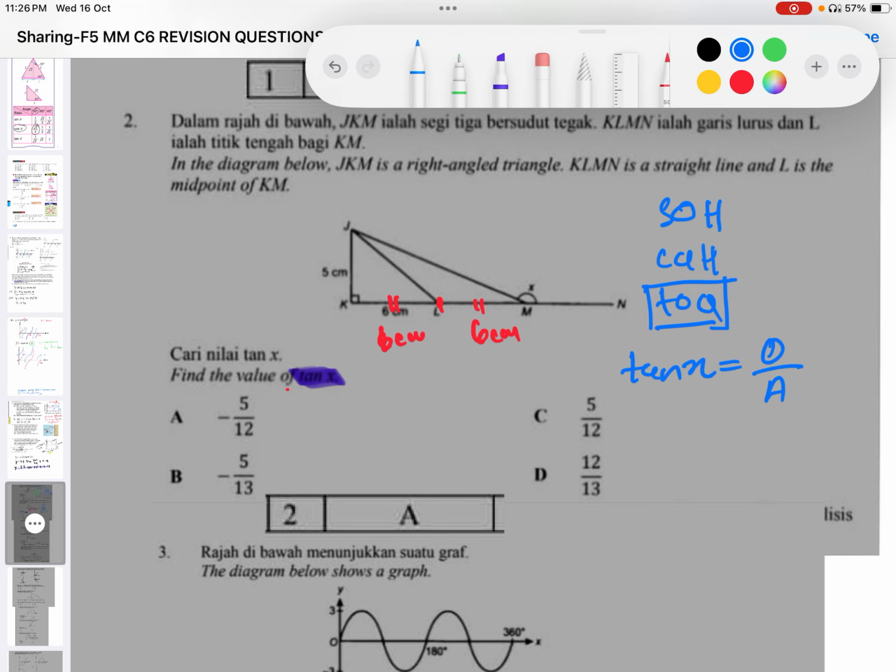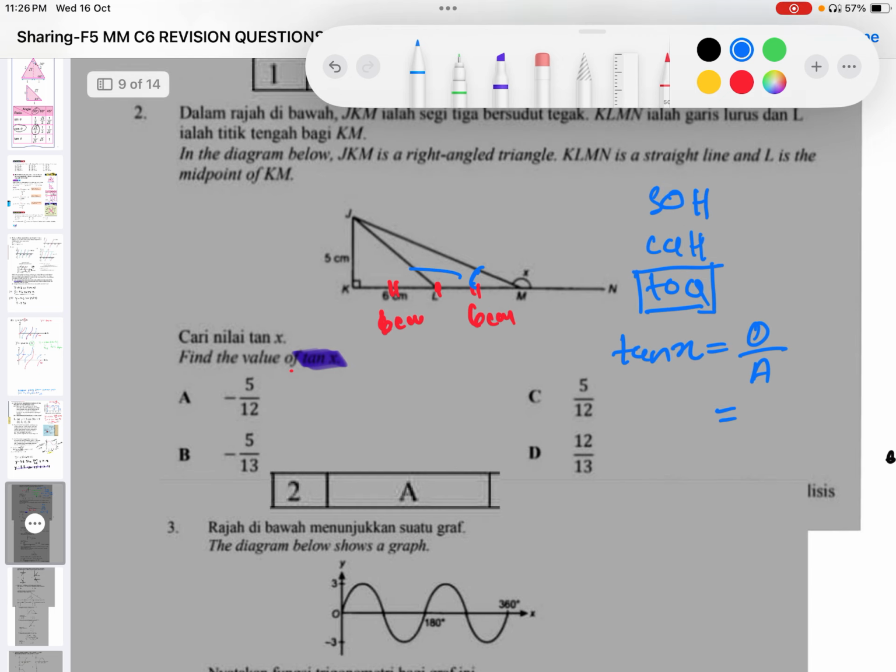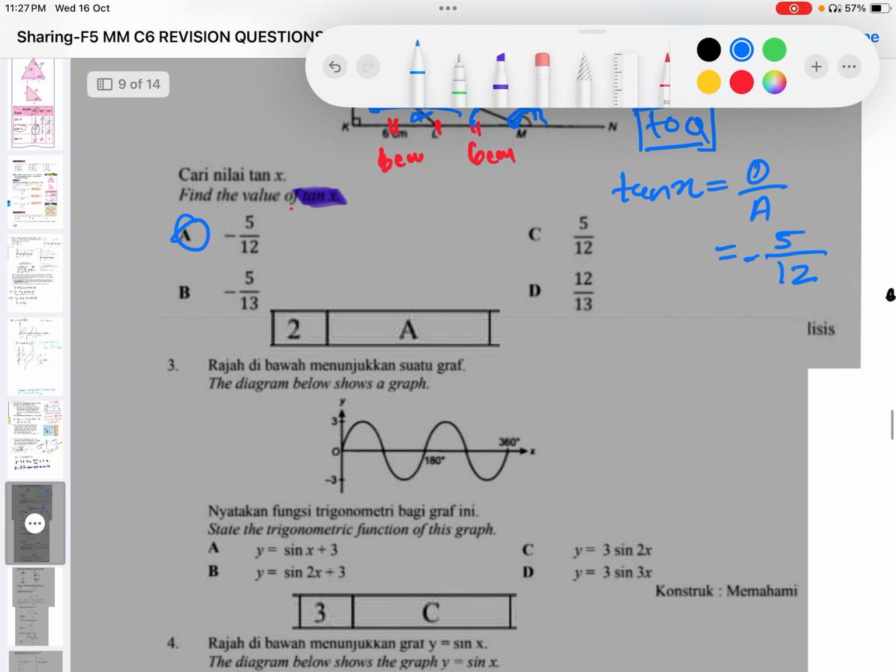The opposite part here is going to be 5 cm, and the adjacent will be 12. So 5 over 12. But remember, x is over here, so it's a corresponding angle, so it will be negative. Okay, so the answer is A.